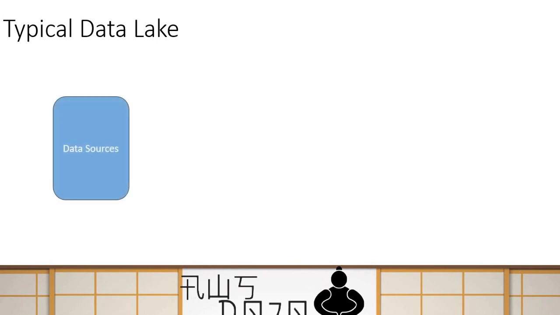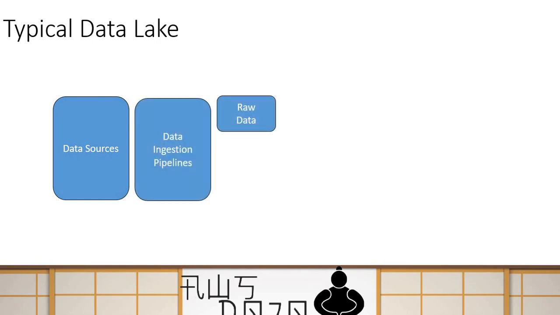A typical data lake will have various components. For instance, you will have various data sources from where you want to ingest your data into your data lake. And in order to ingest your data, you write different data ingestion pipelines. These data ingestion pipelines bring your data from data sources to the raw data area of the data lake.